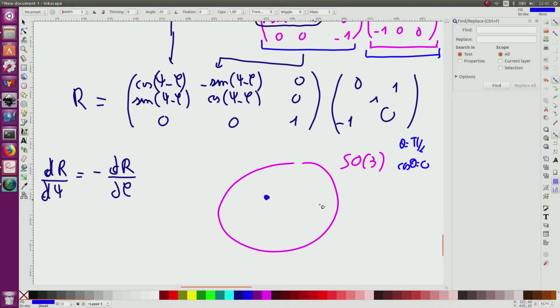So for some singularities like this one, if I move with respect to psi or with respect to phi, I will move on the same vector space. It means that there is some direction in SO3 where I cannot move.